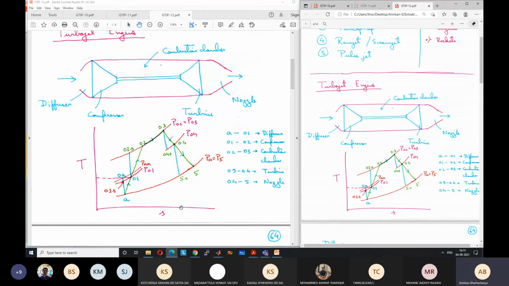One question from my side, not related to turbojet, but in general. If I use a convergent nozzle, I think I have discussed already, but let us recap. If it is operating at choked condition, the maximum velocity that I can obtain is equal to the sonic velocity at the exit.